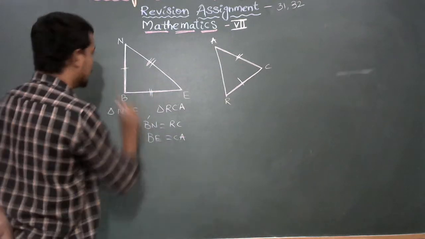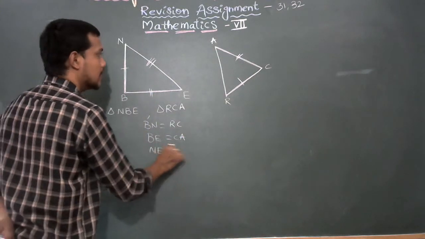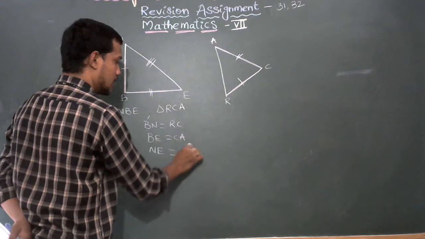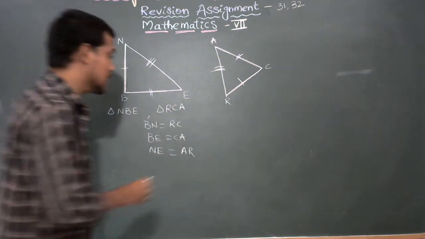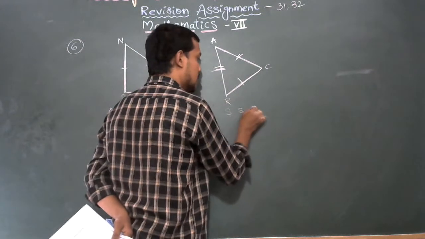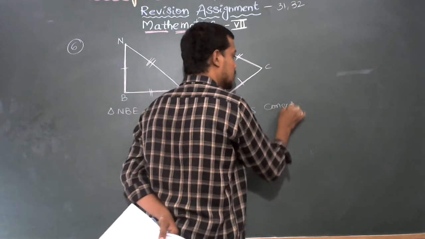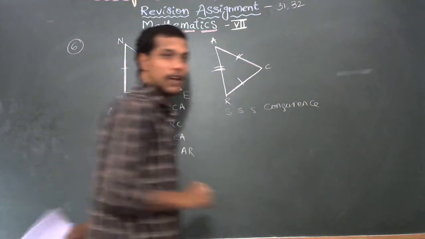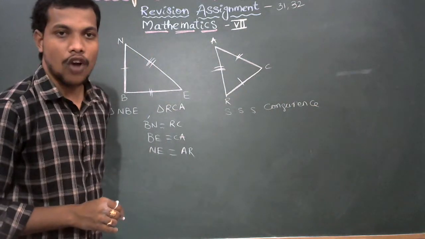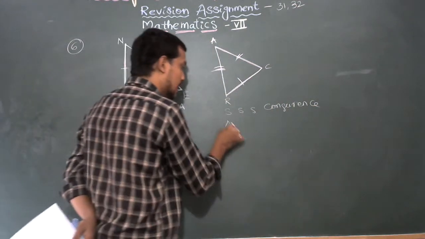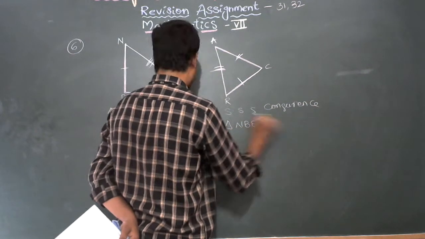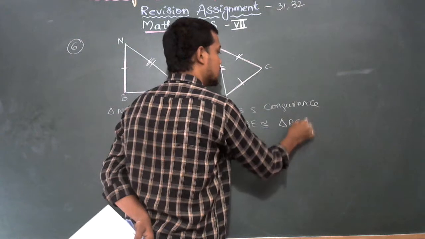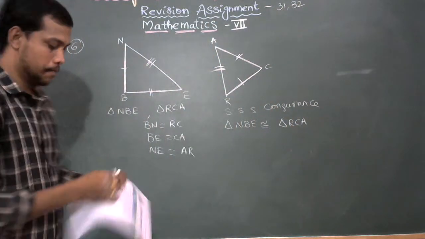And the remaining NB is equal to AR. So all are equal by SSS congruency, side-side-side congruency. So triangle NBE is congruent to triangle RCA.